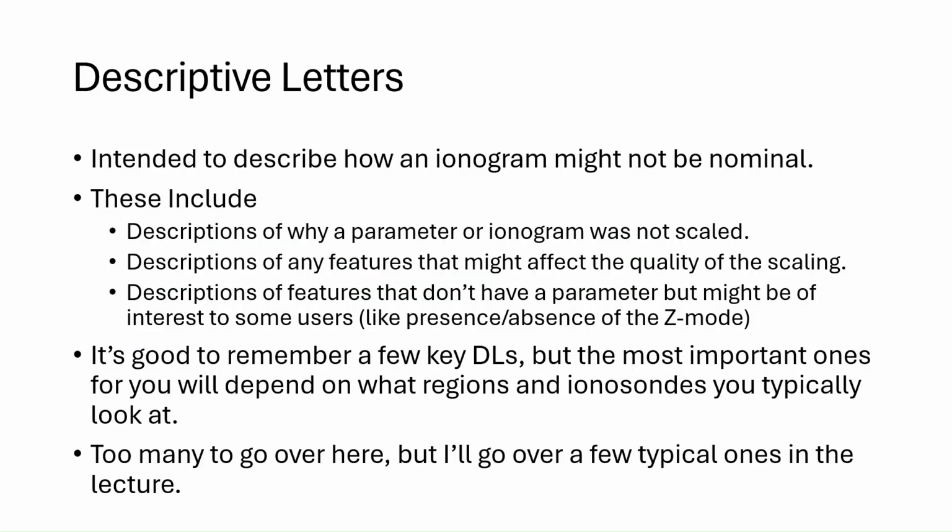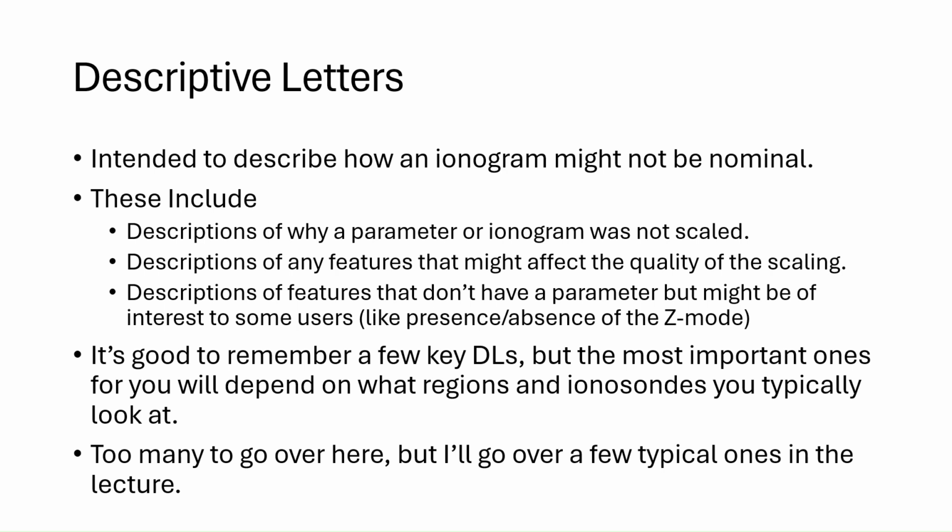In addition to the qualifying letters, there are also the descriptive letters. These are just to say there's some weird feature of some sort in the ionogram, where I had to make some sort of accommodation based on what's in the ionogram. These can be really useful for, say, if someone wants to study Z mode and wants to know when Z mode was. This is a way to put into an ionogram that, hey, there's Z mode in that ionogram.